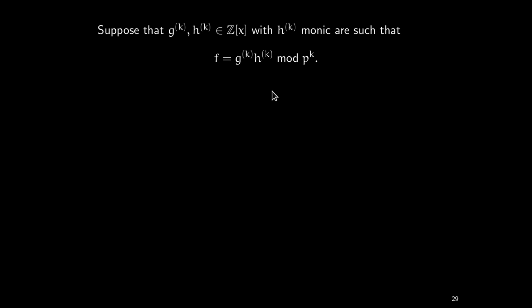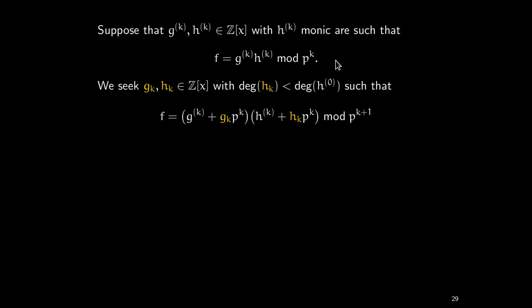So as induction hypothesis, you assume that you have a factorization of f into two polynomials, one of them being monic, so that the factorization is valid modulo not just p, but actually a power of p, the kth power of p. And the task is to turn this factorization into one that is valid modulo the next power of p.